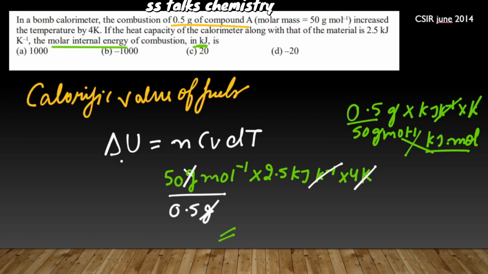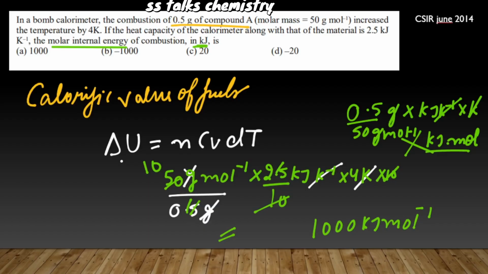On solving, the decimal I can bring into the denominator and take this one above, so the 10 and 10 get cancelled. 25 fours are 100, and this is 10. So 100 into 10 means 1000 kilojoules per mole is the value of the molar internal energy we are going to get.